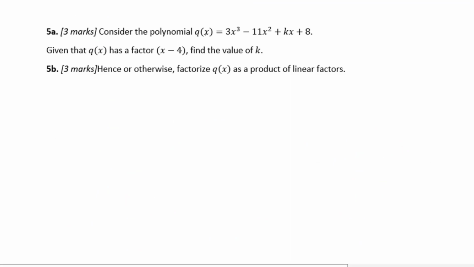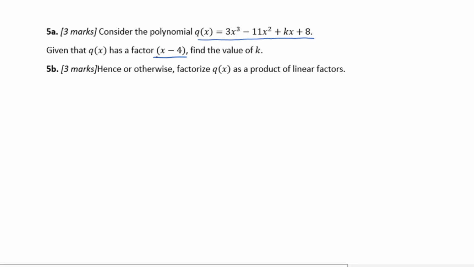Consider the polynomial q of x equals 3x to the third power minus 11x squared plus kx plus 8. Given that q of x has a factor x minus 4, find the value of k.